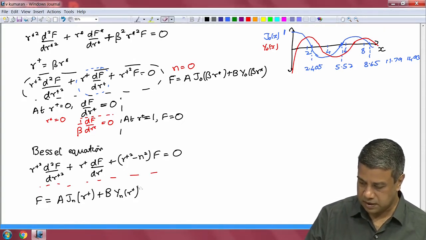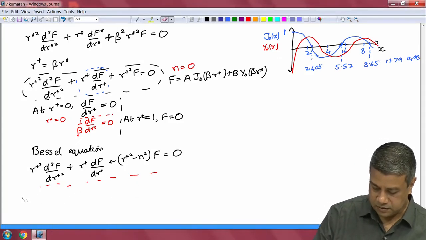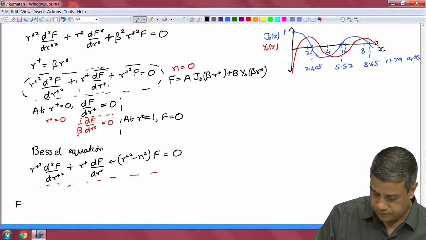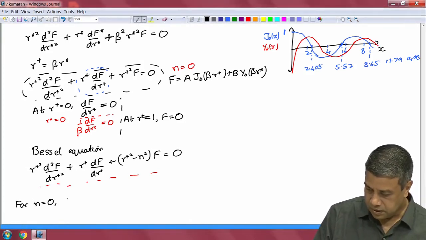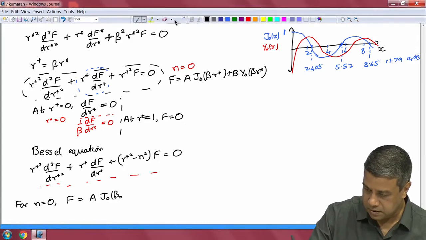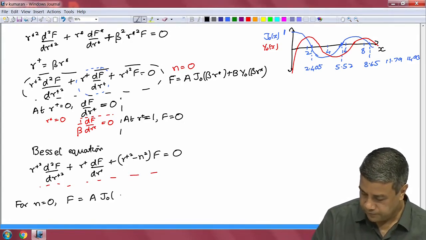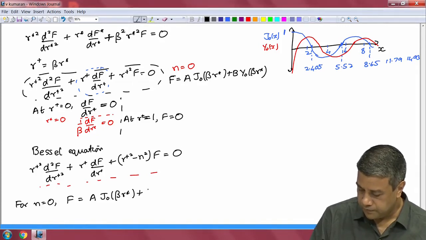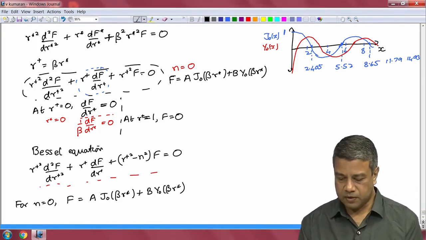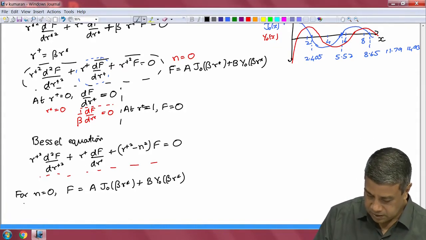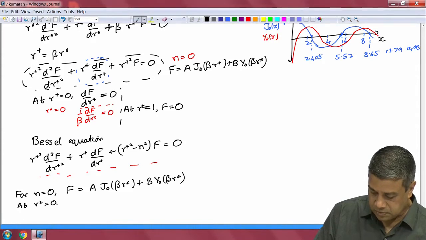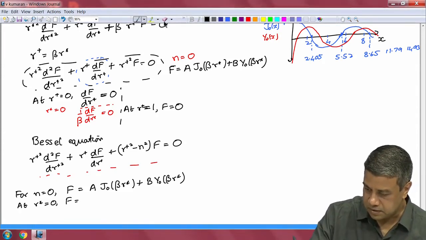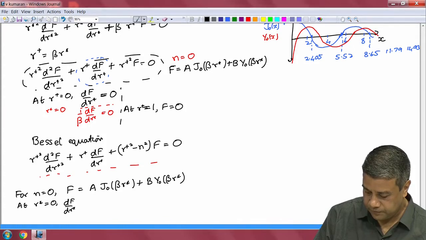The solution for n equal to 0 is the function f equal to A times J0 of beta r.